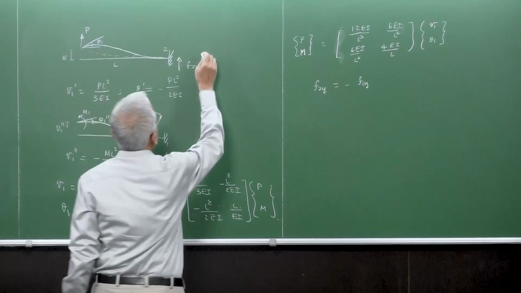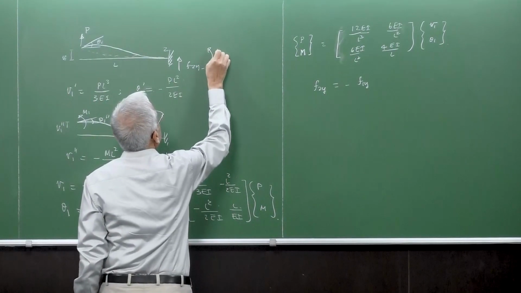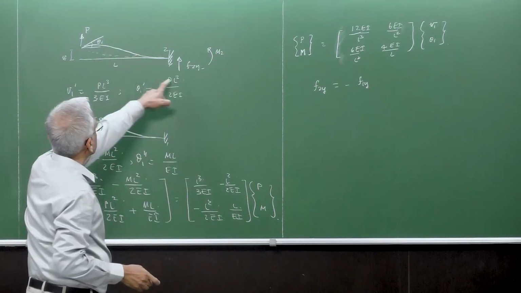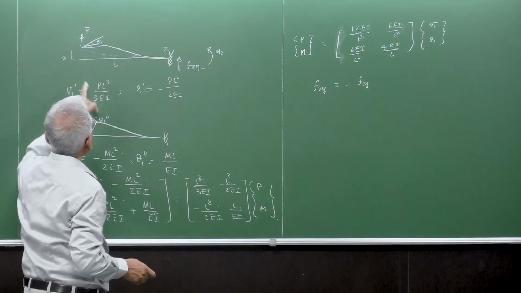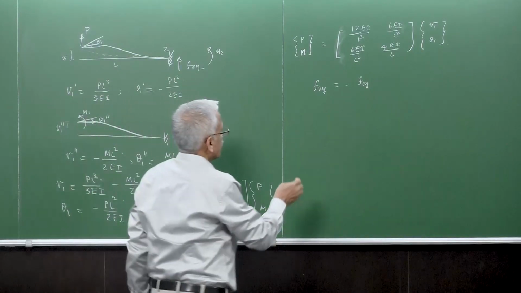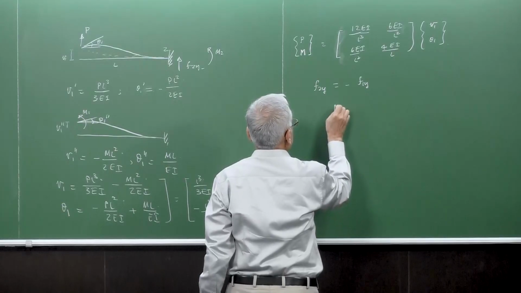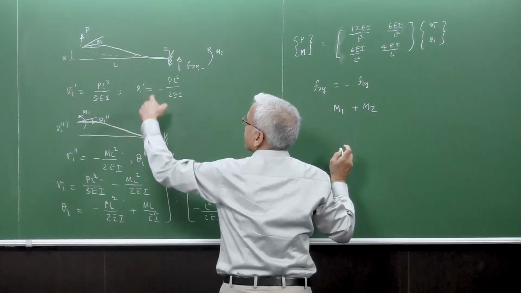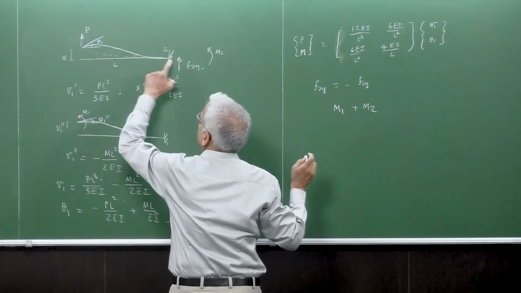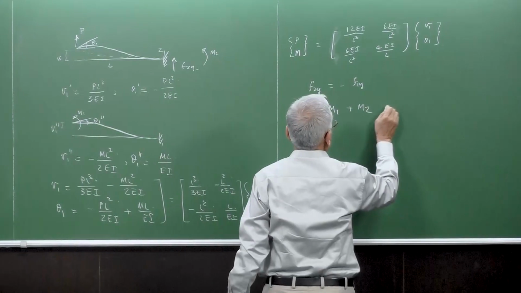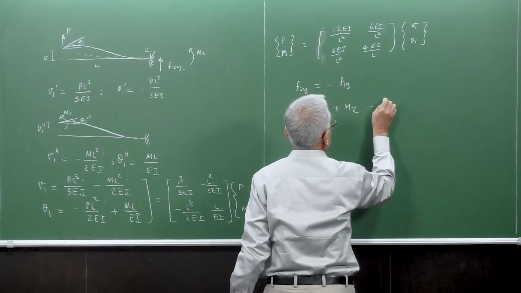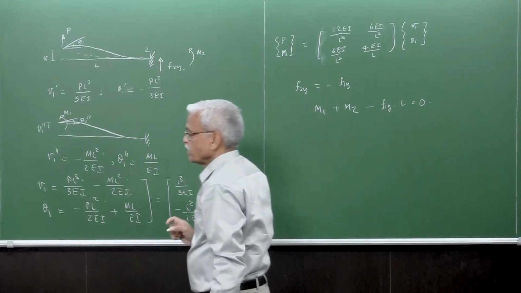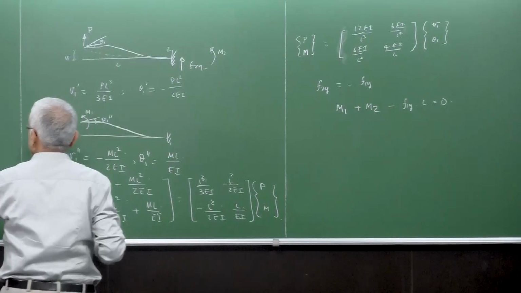And what about M2? If you have M2 here, with F2y and P, in fact, the equilibrium of the moment gives M1 plus M2, and if you want to put it here, P, this is minus F1y into L. So this way we have these things also.